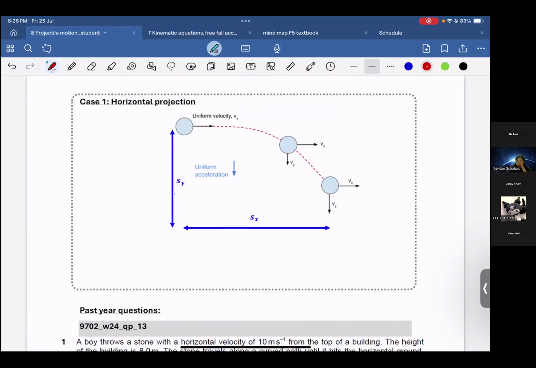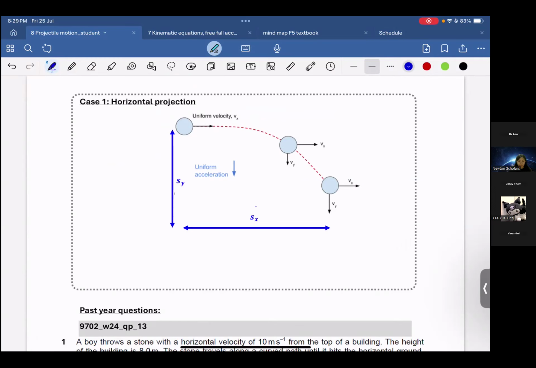Okay, we go to page number 2. Horizontal projection. We have 2 types of case. It might be a horizontal throw. The second is that it might be thrown upward at a certain angle. For the first case, we learn horizontal projection, throwing things horizontally.